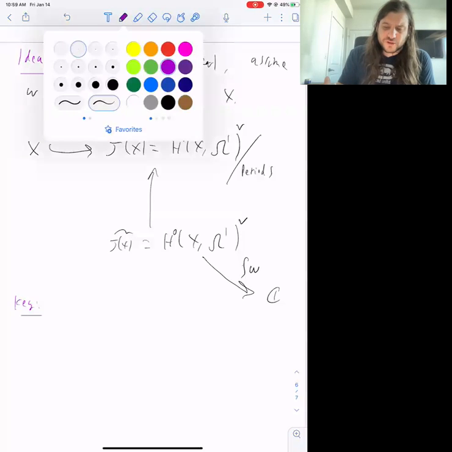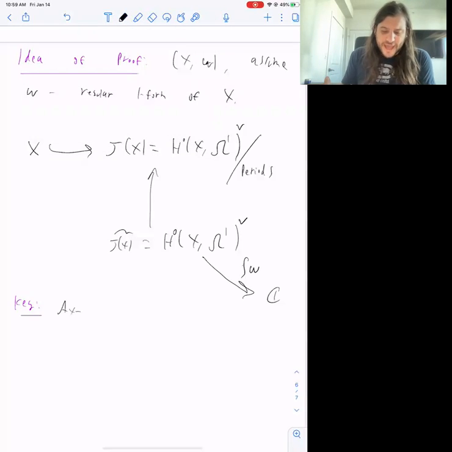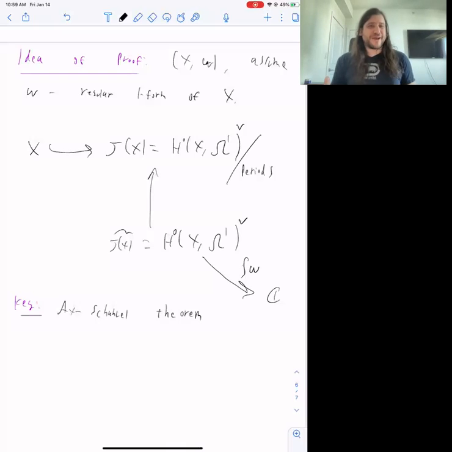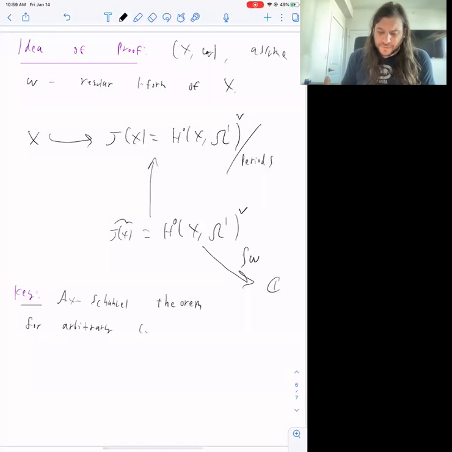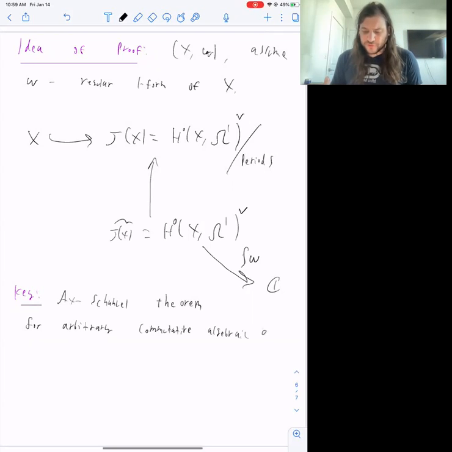So essentially the key now, what you end up needing is an Ax–Schanuel theorem. And if someone's not familiar, then I'm aware that I'm just name dropping. I'm not giving an explanation of what this is, but it's essentially a functional transcendence theorem for arbitrary commutative algebraic groups. Of course, Ax having handled the case of the torus.